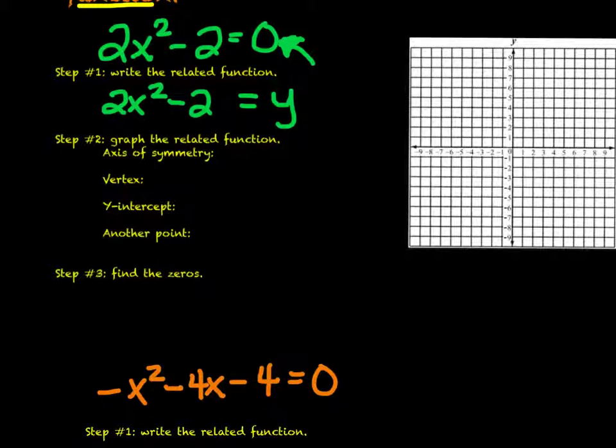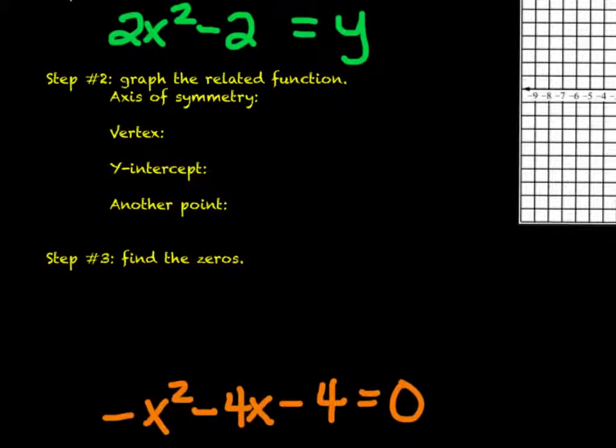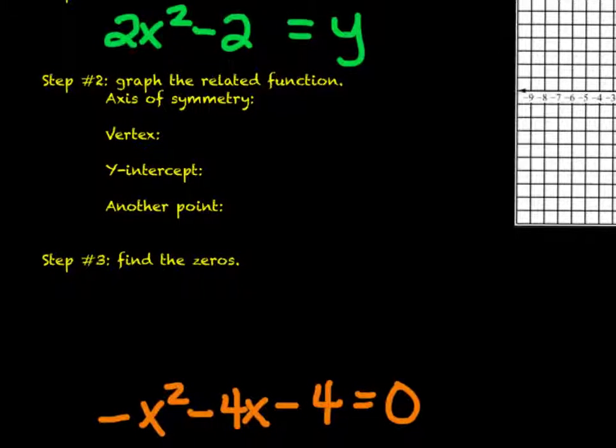From there, we need to find the axis of symmetry, and in order to do that, we need to use that equation of negative b over 2a. So we have negative b over 2 times a. And now we have to identify our a and our b. Our a term is 2. I see a c term, which is a -2, and our b term, the term that goes along with our x, is actually not even there, so it's 0.